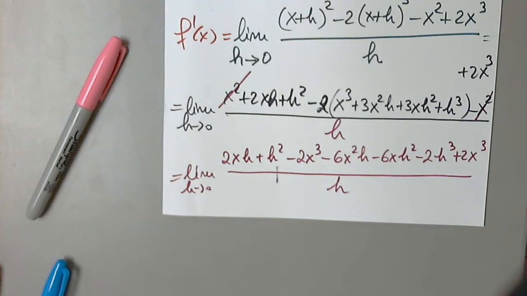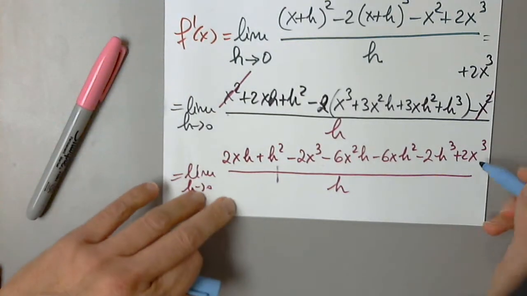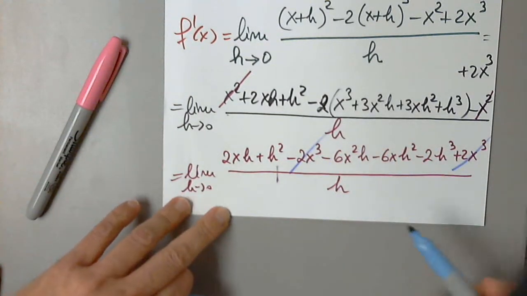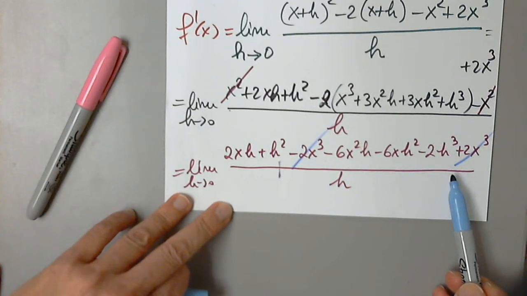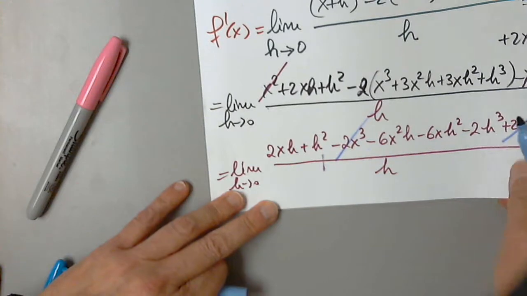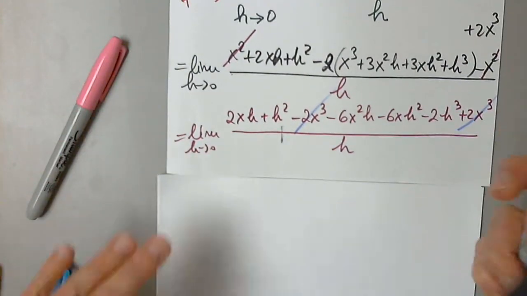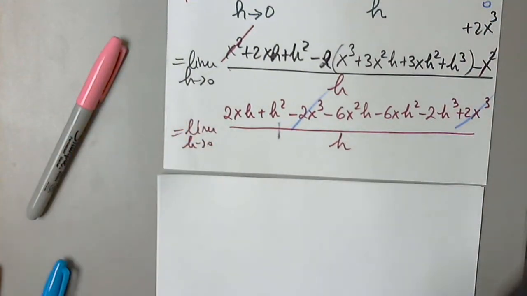Okay, so 2x cubed with a negative 2x cubed. Every term without h is gone. Obviously, I will factor out h from the top. The problem, right? Because yeah, I know it's 0 over 0. It's 0 over 0 because of that h. Once I get rid of h, it's not going to be 0 over 0 anymore.